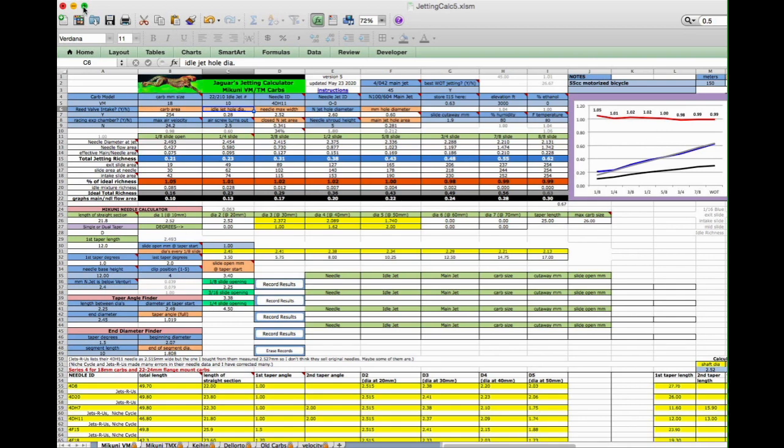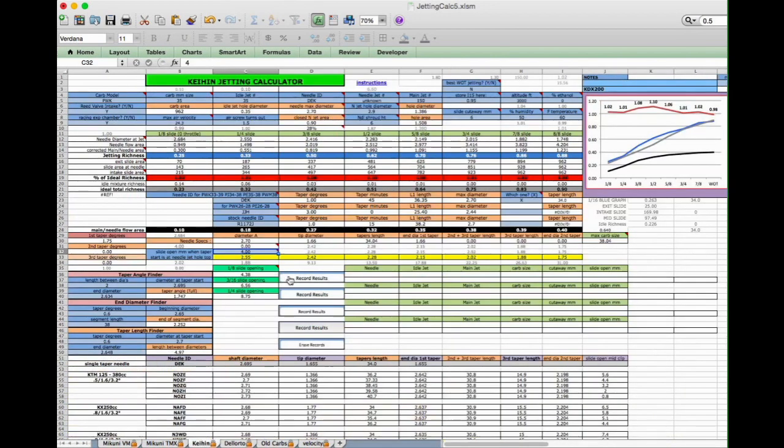Let's look at Keihin. In this example, it's too rich, starting at 1/4 to about 5/8, a little bit beyond. So what we've got in there right now, this is the needle ID, DEK.